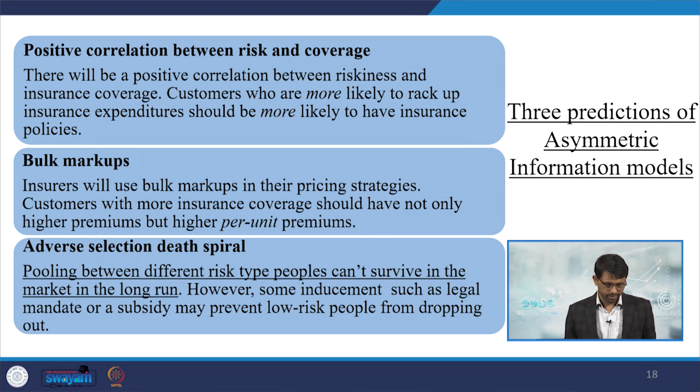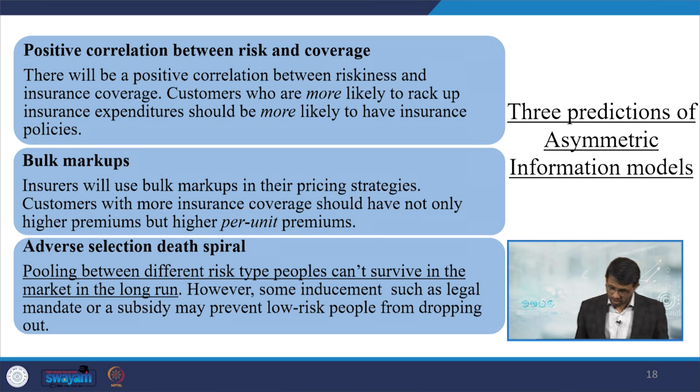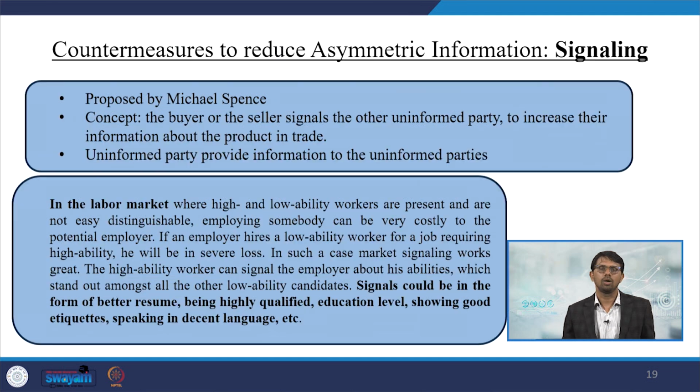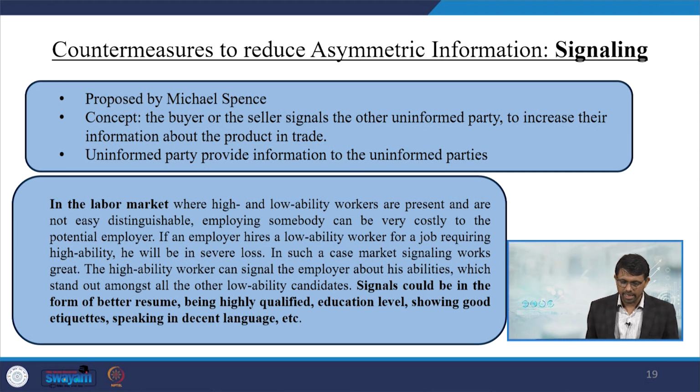It can be discussed in the context of information asymmetry. In the adverse selection death spiral, pooling between different risk types cannot survive in the market in the long run. However, some inducements such as legal mandate or subsidy may prevent low-risk people from dropping out of the insurance. There are some countermeasures to reduce asymmetric information, called signaling, as proposed by Michael Spence.